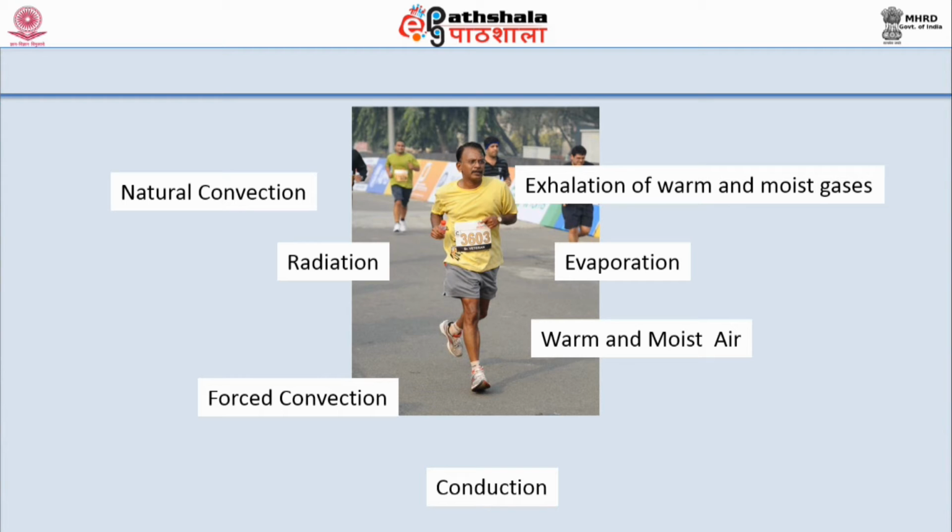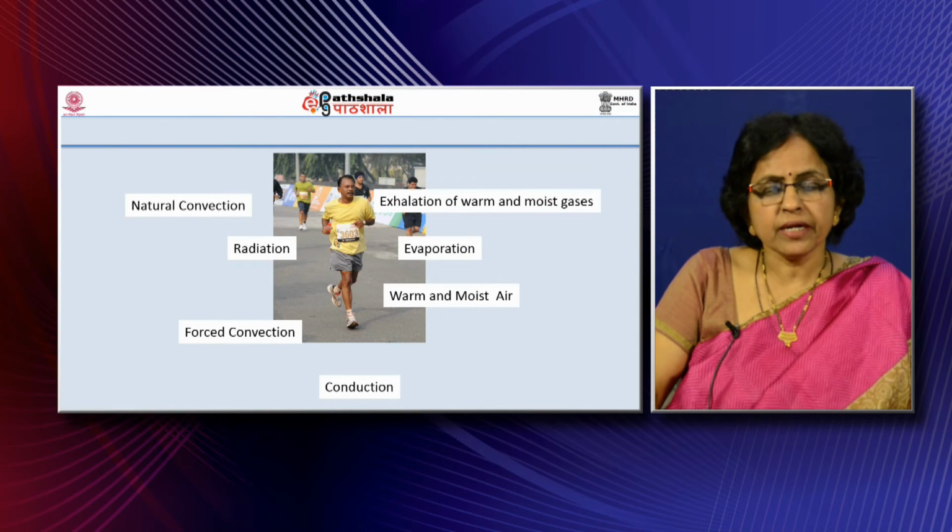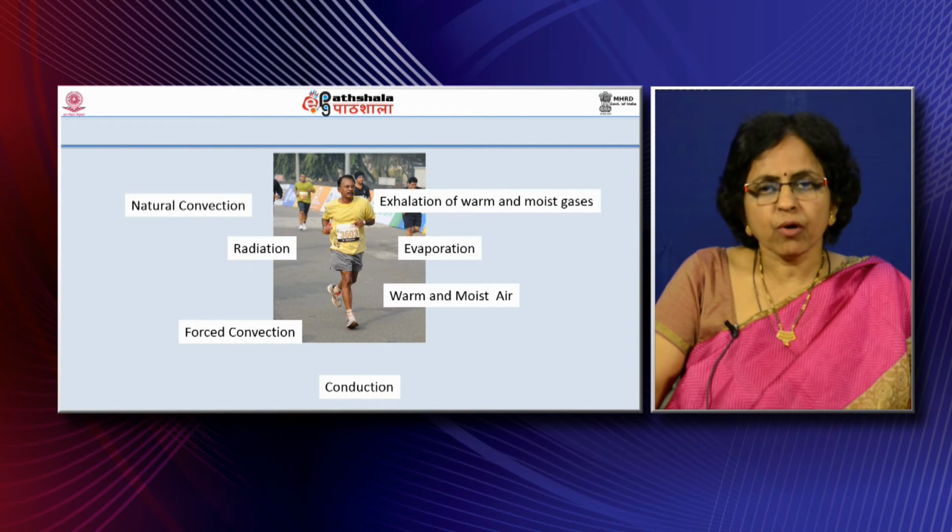During that, your foot is all the time moving and putting pressure on the ground. So there is a forced convection, and that adds another heat loss mechanism. And similarly, your exhalation of warm and moist gases is higher when you are doing exercise. Radiation and of course conduction remain natural. So if you see the figure, a person running removes heat from the body by these mechanisms.